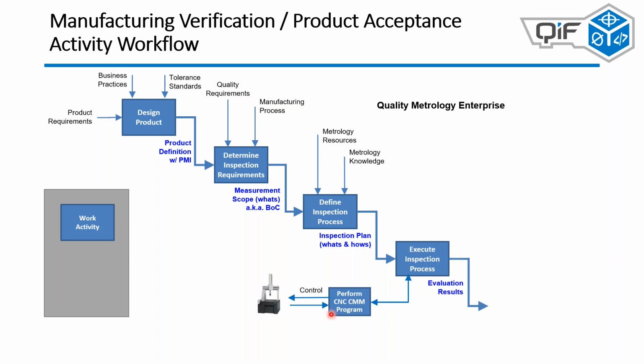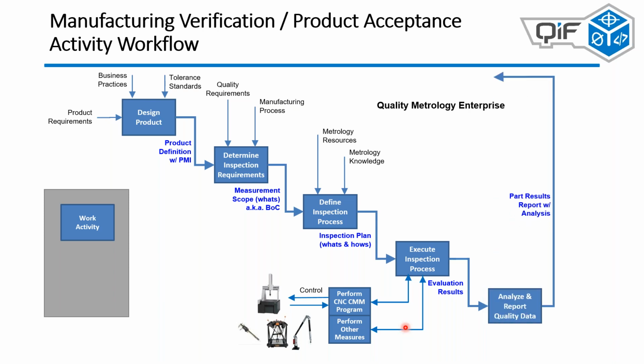Then you would actually perform the inspection process, whether that's with a CNC coordinate measurement machine or other measurement devices. Regardless, you're going to get evaluation results, and those results will be analyzed. You'll create reports of those data, and hopefully that information gets fed back into the overall life cycle.